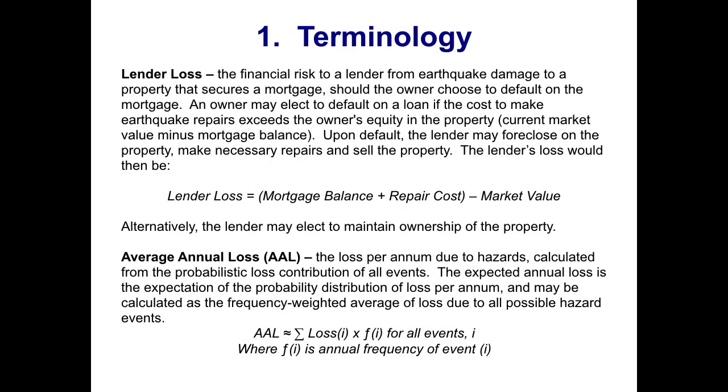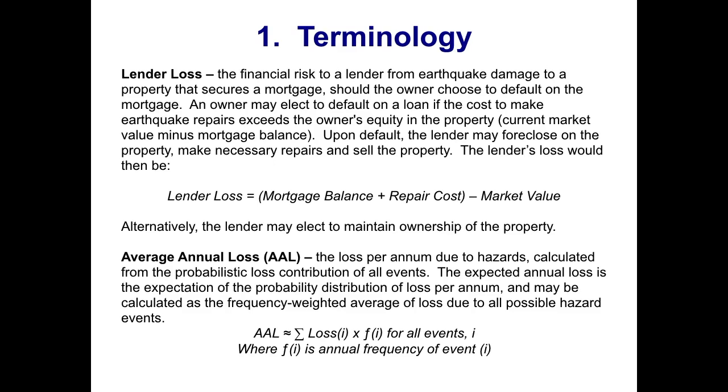Lender loss. The financial risk to a lender from earthquake damage to a property that secures a mortgage, should the owner choose to default on the mortgage. An owner may elect to default on a loan if the cost to make the earthquake repairs exceeds the owner's equity in the property.